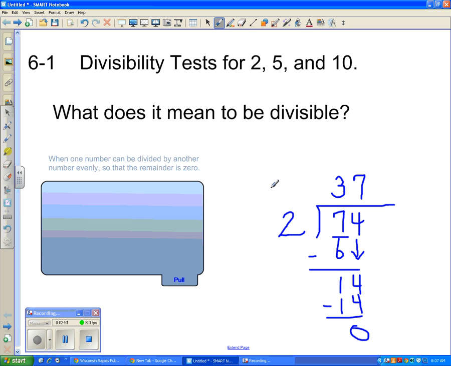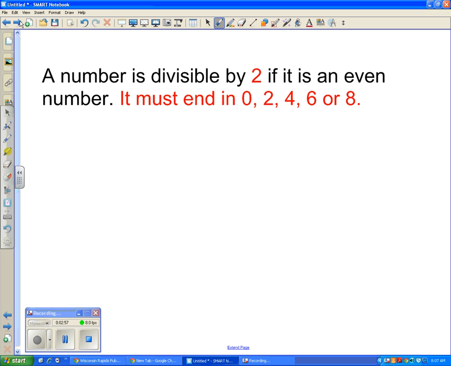This becomes very important as we go on to fractions, and we're going to be using divisibility to help us with our fractions as far as putting things in lowest terms or finding common denominators, things like that. It will really help us with that.